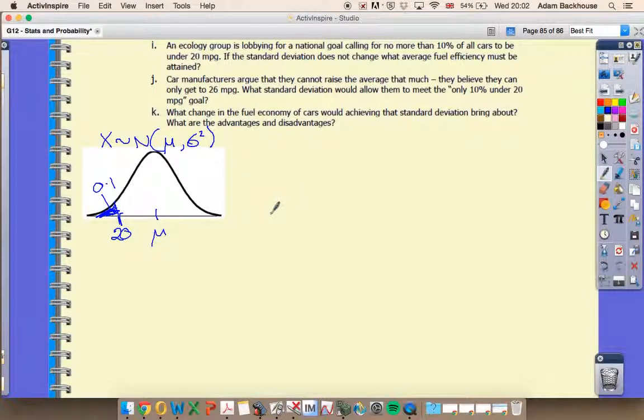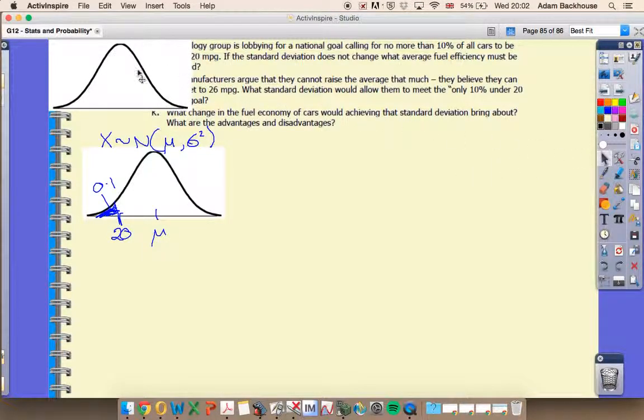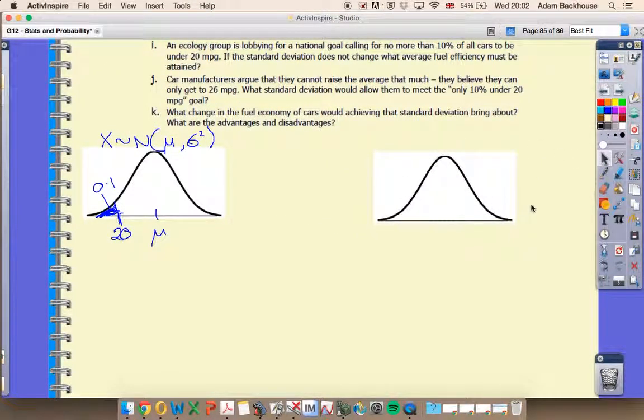What I'm going to do is think about my standard normal distribution. The advantage with this is that we know that the mean is 0 and the standard deviation is 1. So I'm still looking at the same situation of having 0.1 down here.